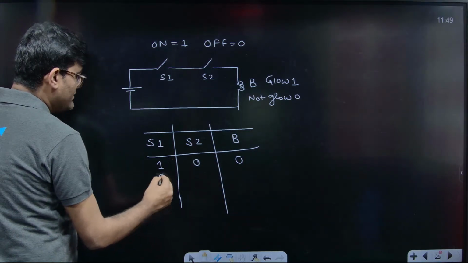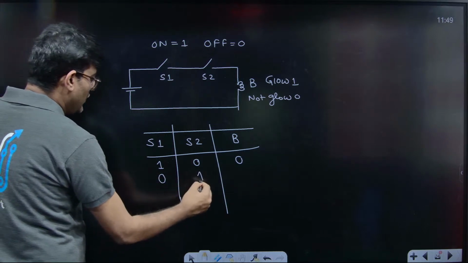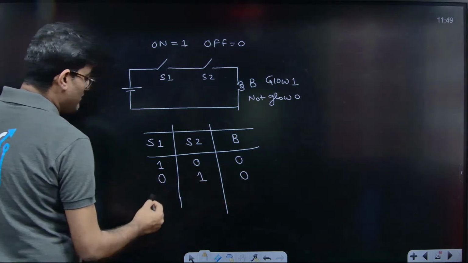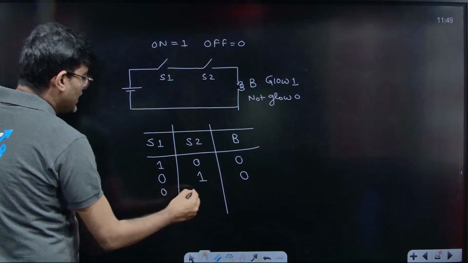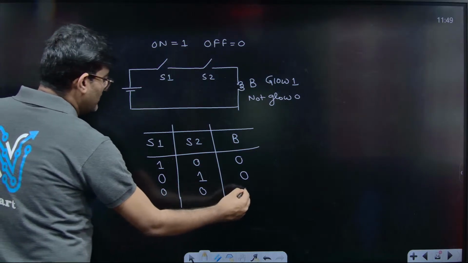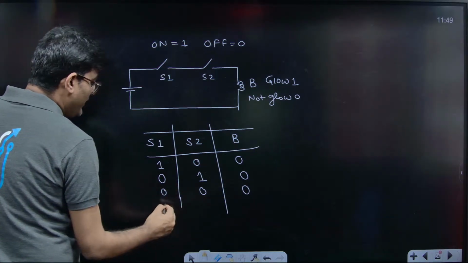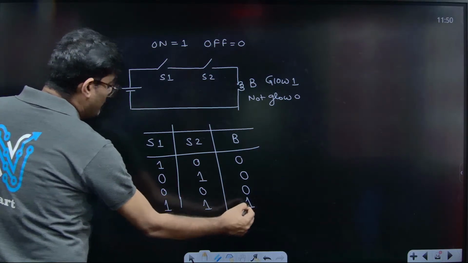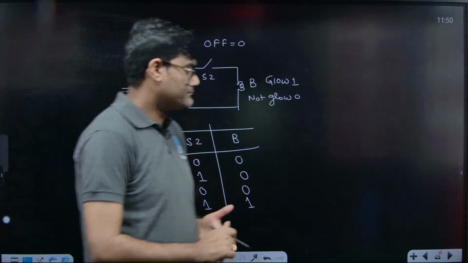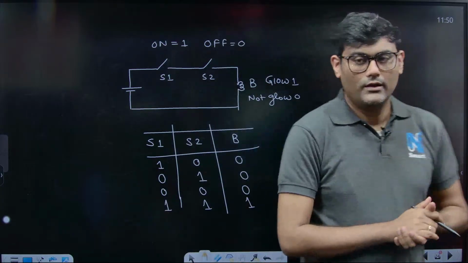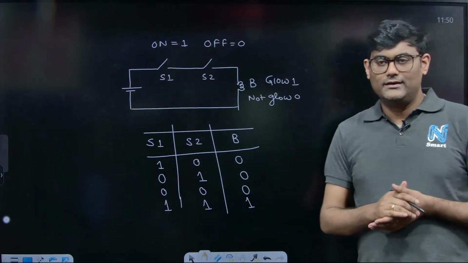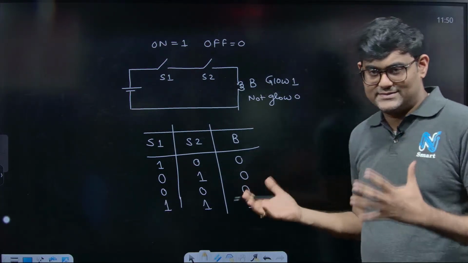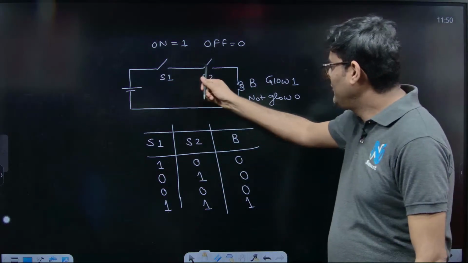If S2 is off, S1 is on, then also bulb will not glow. When both are off, then also bulb will not glow. But when both are on, then only the bulb will glow. So these are the logic states of different arrangements.